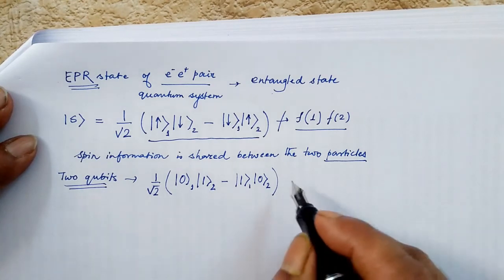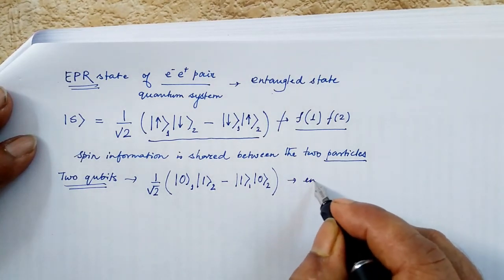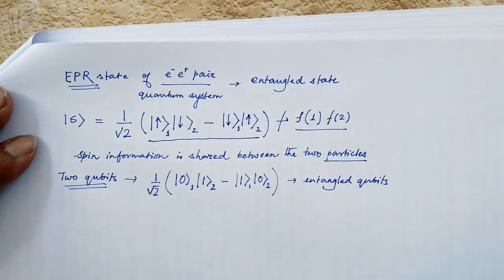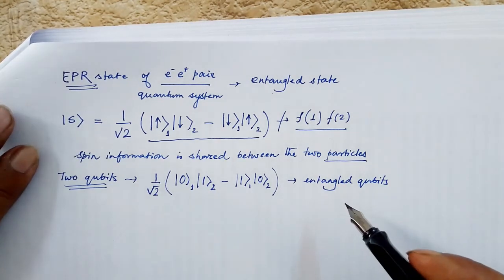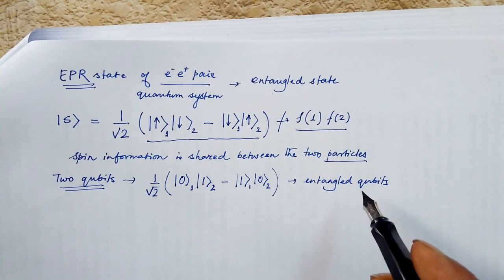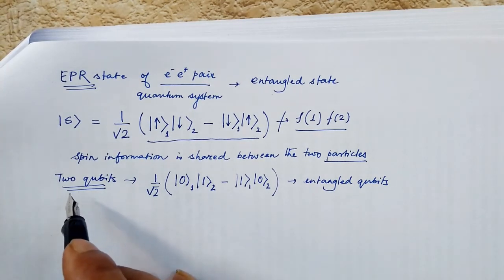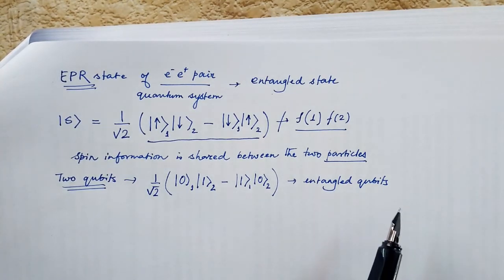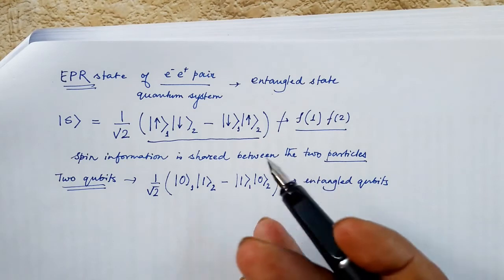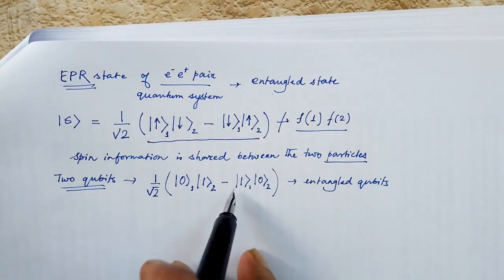We then call these two qubits entangled qubits. Okay, and later on you will see, we will work with these entangled qubits a lot in quantum computing. This can be more than 2 qubits as well in a multi-qubit system. So it is possible to entangle 3 qubits, 4 qubits, 5 qubits, 6 qubits, and as we go along, the power of parallelism increases.